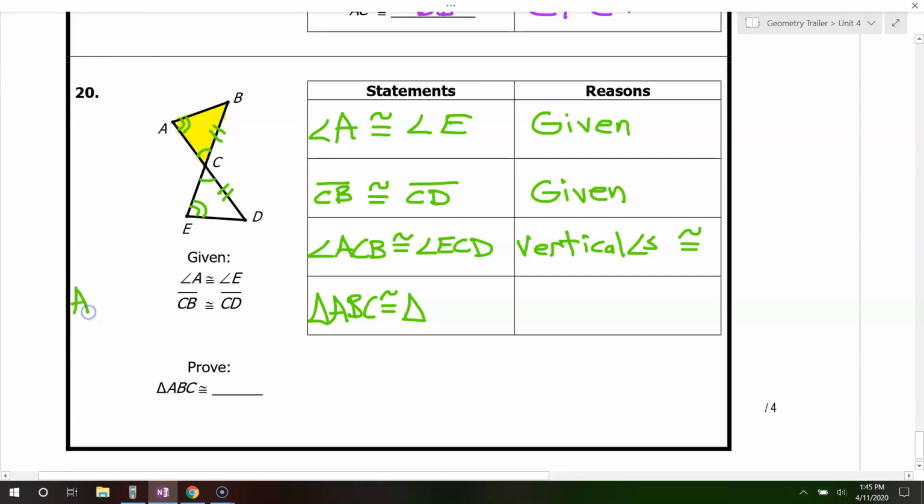So that means it's either going to be angle, angle, side, or angle, side, angle. If it's going to be angle, side, angle, the side has to be between the two angles. And that is not what I see here. All right. For example, here's one angle, and here's the other angle that's marked. This would be the side that's between those two angles, but that's not the side that was marked. So, because the side is not between the angles, it must be angle, angle, side.